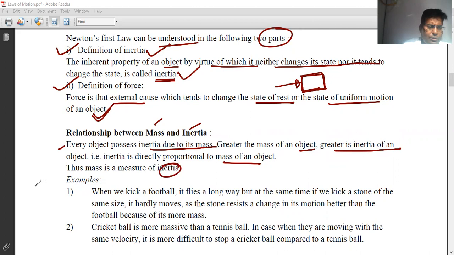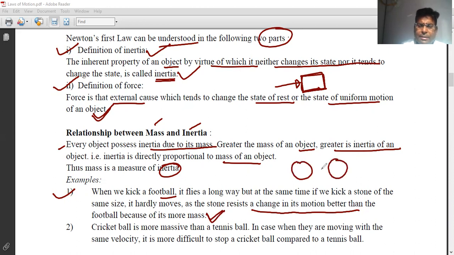So now look at the point. When we kick a football, it flies along, but if at the same time we kick a stone of the same size, it hardly moves, as the stone resists a change in motion better than the football because of its more mass. ठीक है? Suppose they have the same shape but different mass. So the stone has greater mass as compared to the football.